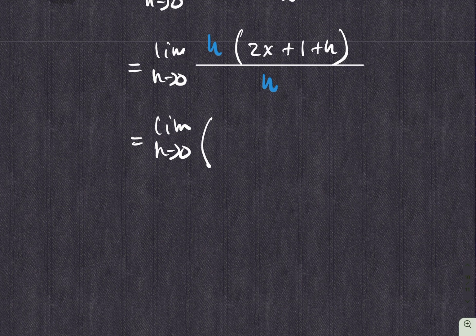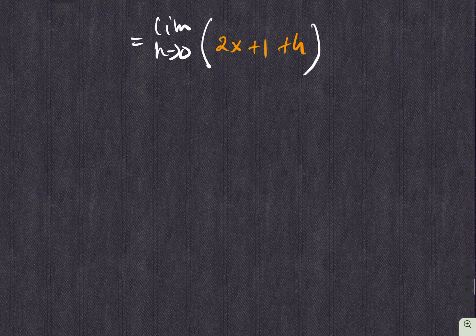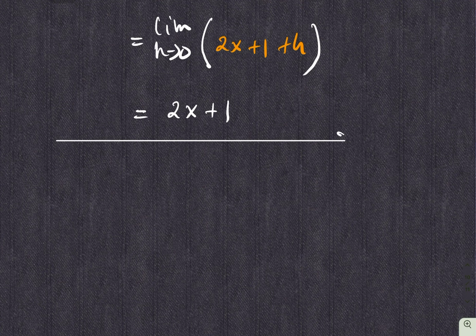This h and this h undo each other, and you'll be left with 2x plus h. Now as h tends to 0, this becomes 0, and you are left with 2x as the answer.